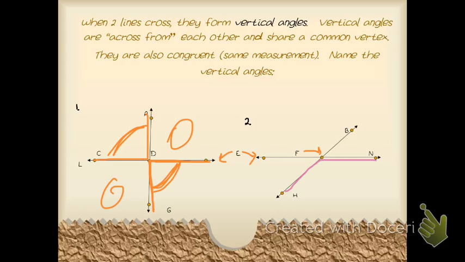BFN wouldn't. BFN would be adjacent. Ashley? BFE. Those are vertical because they're across from each other. Okay, so a good way to think about it is one of their rays is not going to touch one of the rays from the other angle. So they don't have any rays that they share.